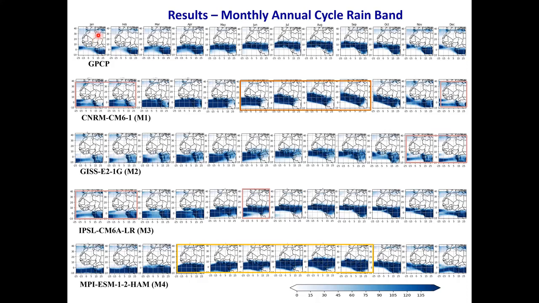The convergence zone is moved to the southmost position, which can be clearly seen with the rain band. So the rain band is sort of the region of convergence between the two wind systems. So you see that in the winter season, they are forced to the southmost position, okay?